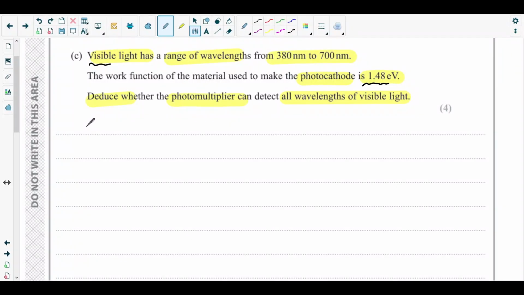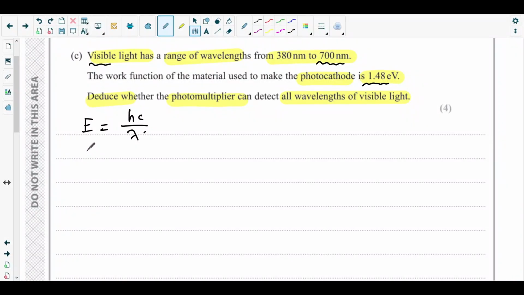We know that the energy of a photon equals hc over lambda. The maximum wavelength will give the minimum photon energy. So if you just find the minimum photon energy, that's enough to make this deduction.